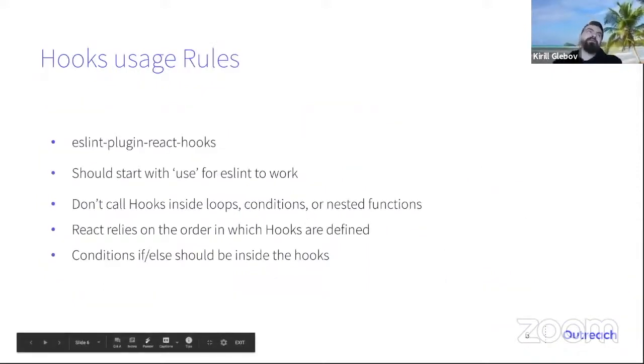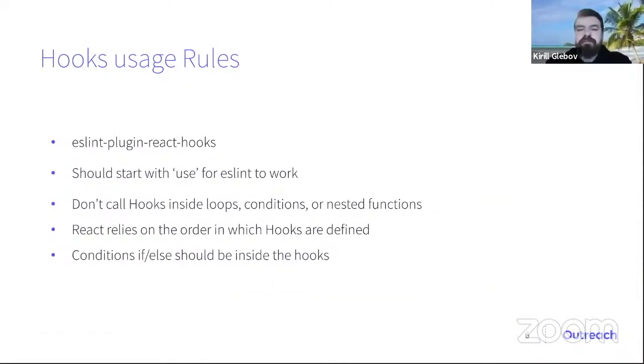All right, also hooks have some rules. There are several of them, and we need to follow them when we develop in ReactJS. For this, we have a lint plugin to help us. For it to work, every hook name should start with the prefix use. It checks that hooks are called from function components or from custom hooks.